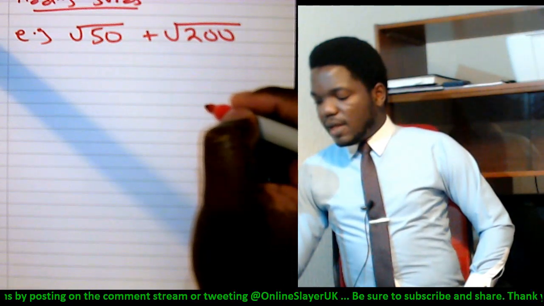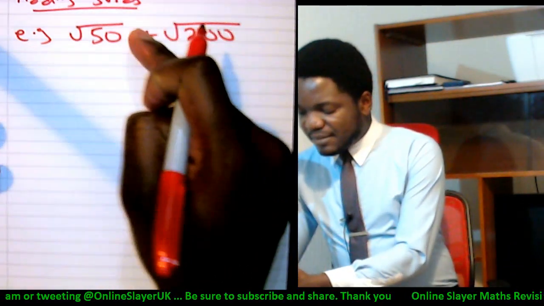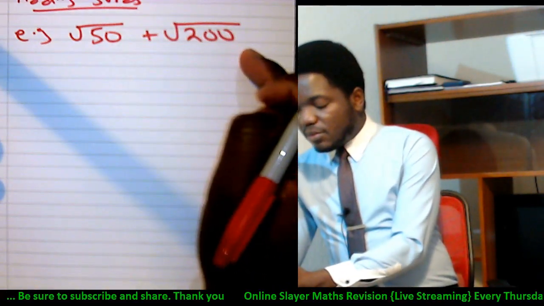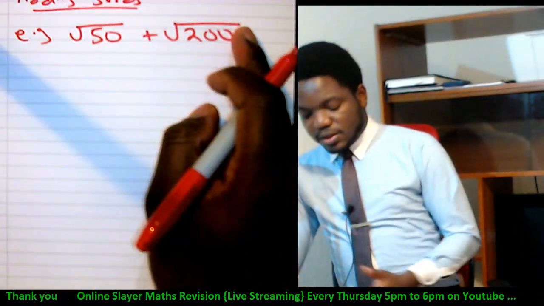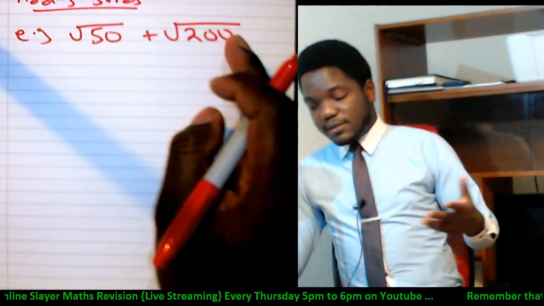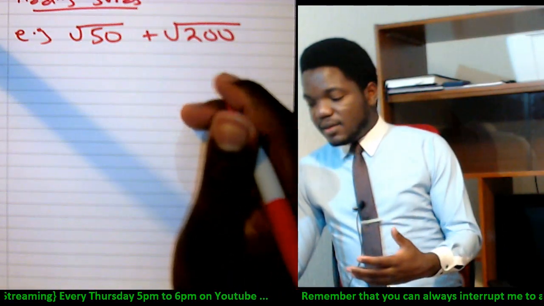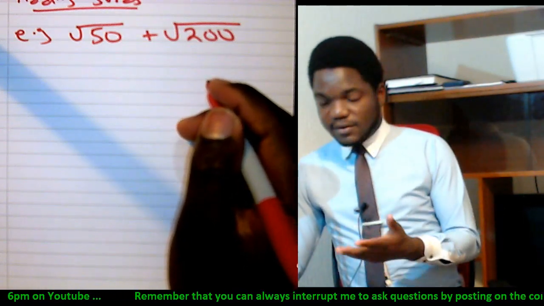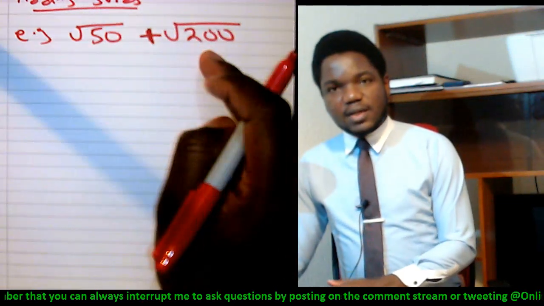Now, if what we had was square root of 50 times square root of 200, it's the same thing as just multiplying what's under the root sign and putting a big root on them. Just like I told you in the case of powers, a to the power n times b to the power n is the same thing as a times b all to the power n, right? But here we have a plus sign, so you cannot just do that.